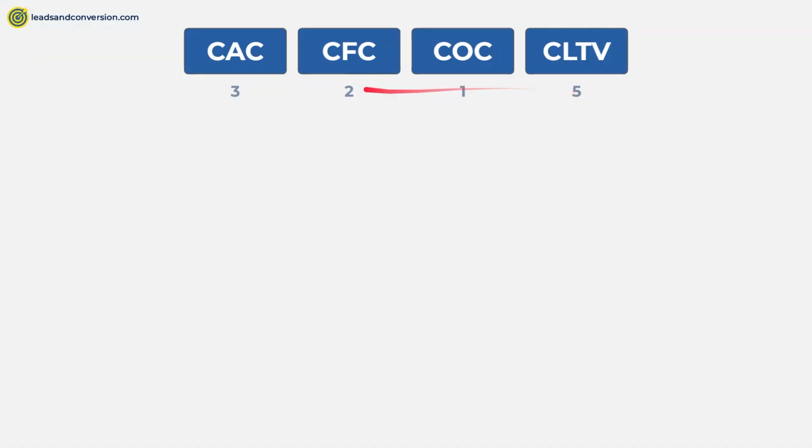Now, we have seen that the customer lifetime value is always the most important because it has to cover all the rest, and the operational cost is actually always the smallest. So I like to put weights on these metrics, and when I put weights to something, I always use the Fibonacci series, just to give different weights to the different components of the equation I'm trying to evaluate.